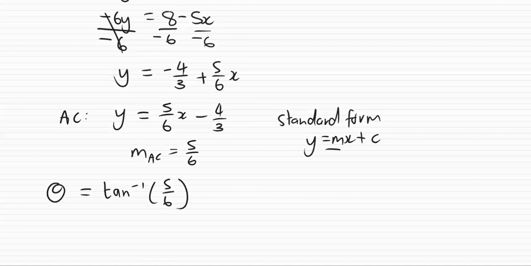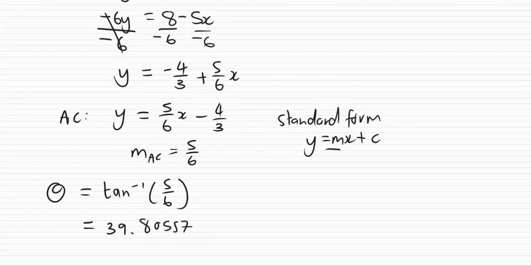Put that in the calculator: tan to the minus 1 of 5 over 6 comes to 39.80557109, which we can round to 2 decimal places as 39.81.